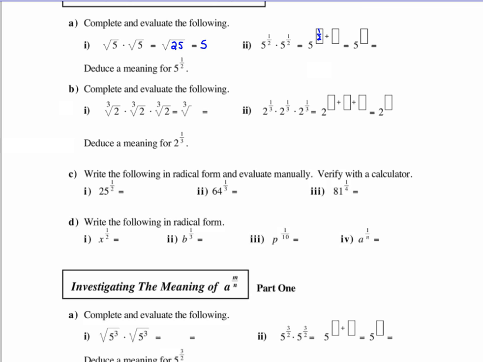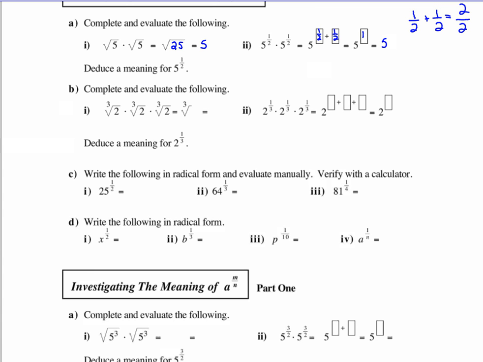And what is 1/2 plus 1/2? 2 over 2. When you add fractions, we add the numerators and leave the denominators the same. So 2 over 2, which is 1. And that makes sense. If you have half a pie and another half of a pie, you have 1 pie to eat.